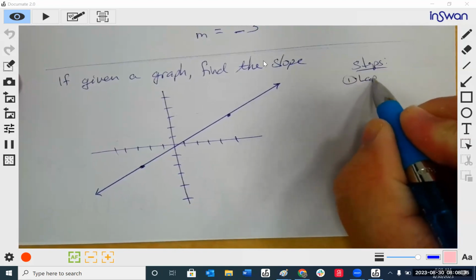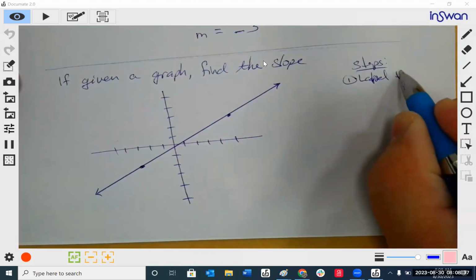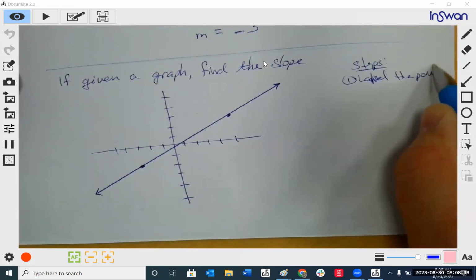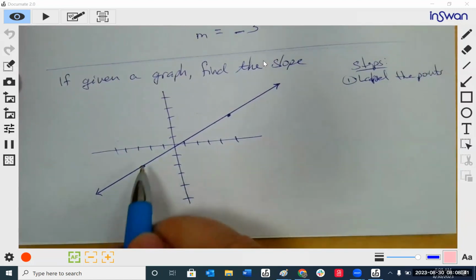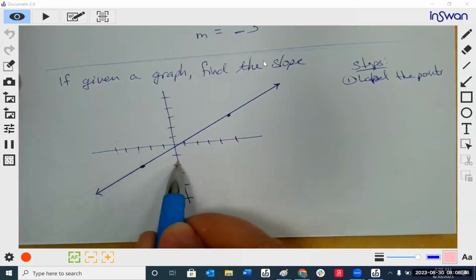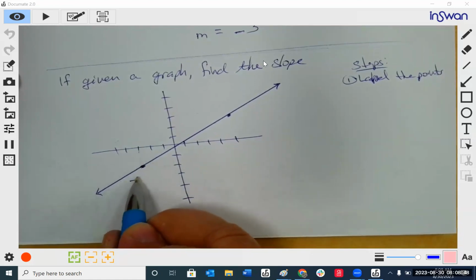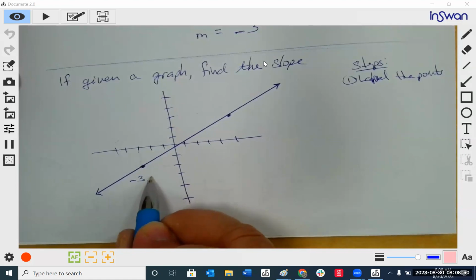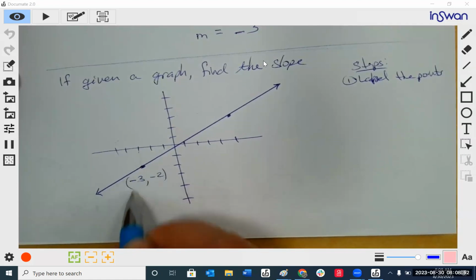First off, label the points. What's that location? -3, comma, -2. Very good. It's back 3, down 2.